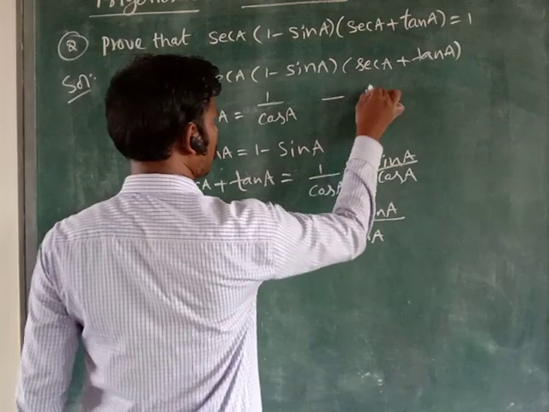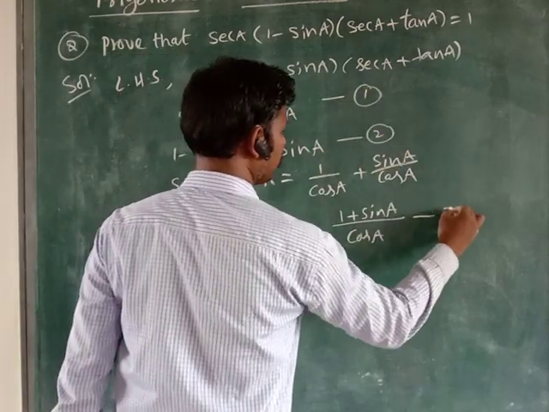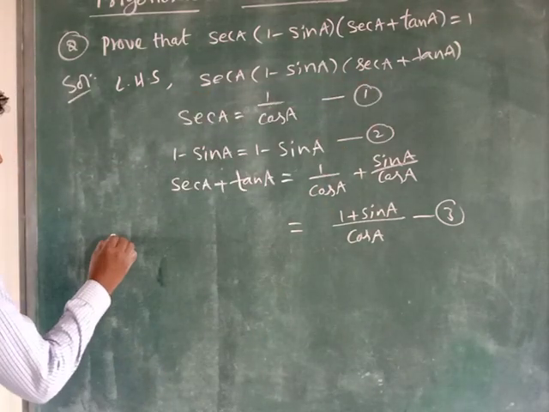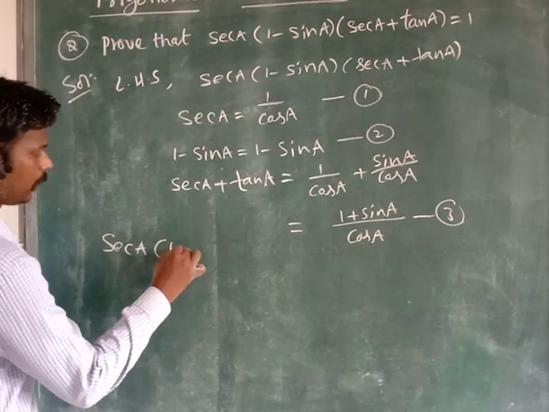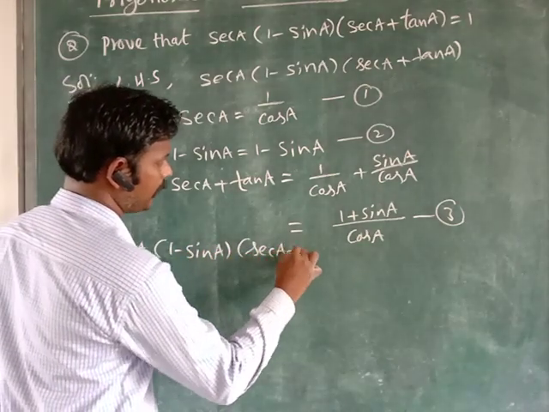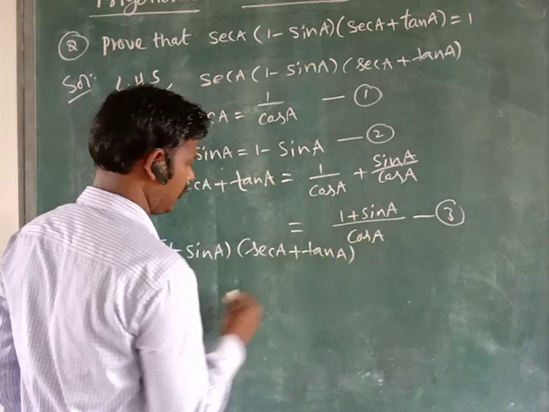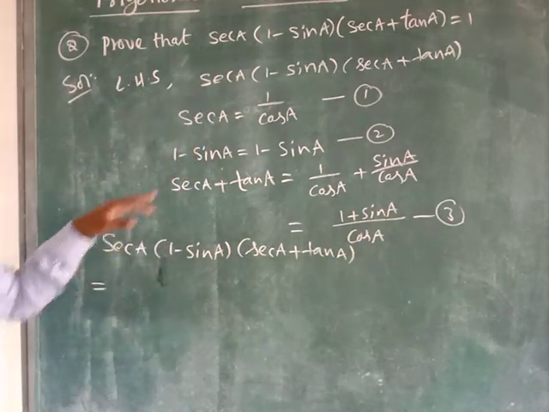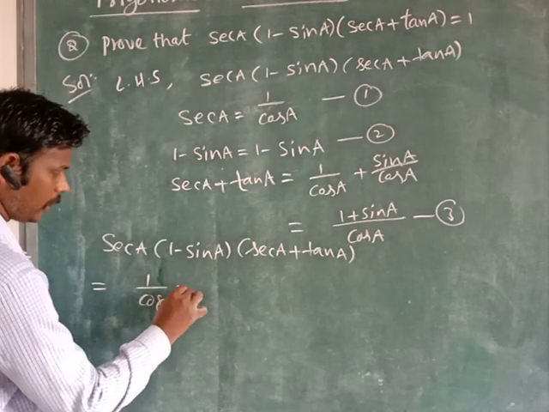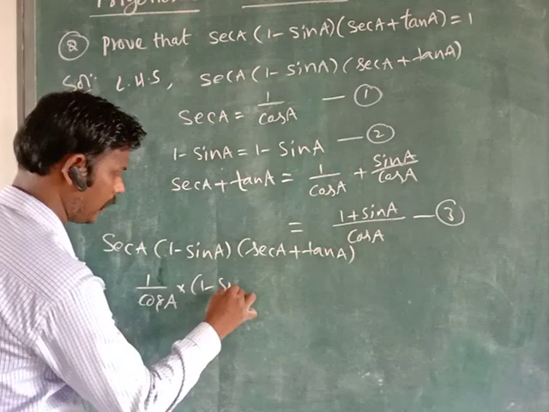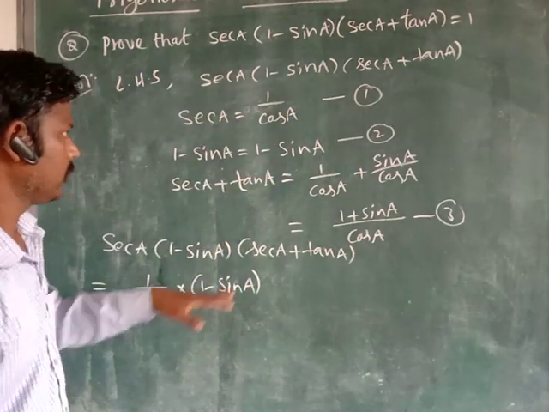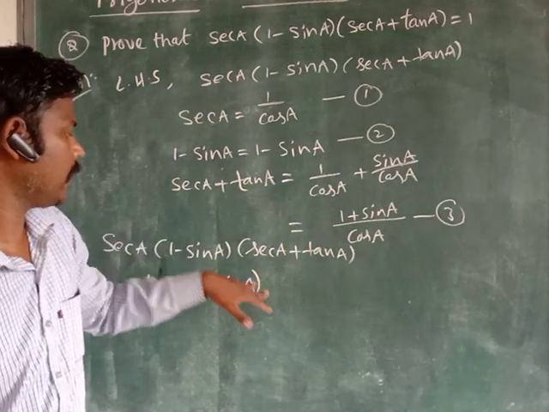So let me call them equations 1, 2, 3. This entire product, how can you write now, children? See here: secant A into 1 minus sin A into secant A plus tan A is equal to, secant A means, what we have in equation 1, 1 by cos A, into 1 minus sin A, into next, secant A plus tan A, how to write?